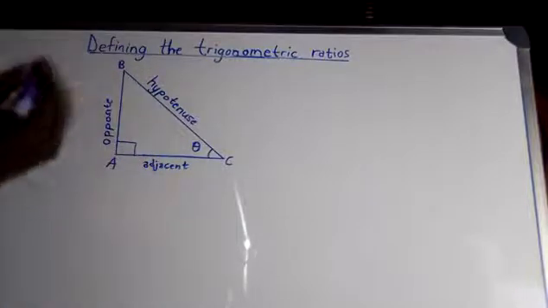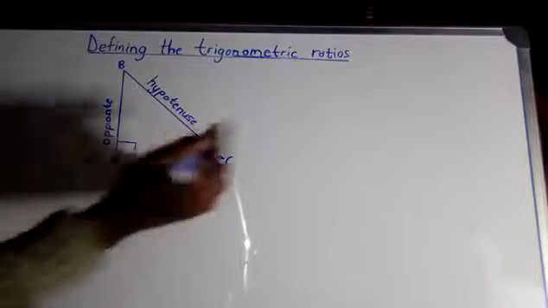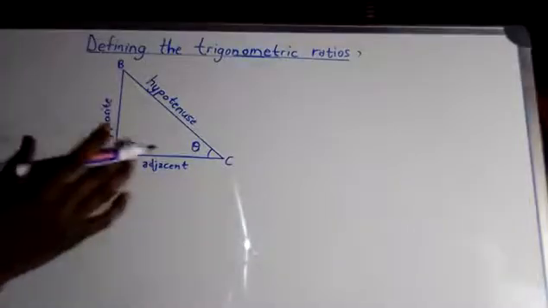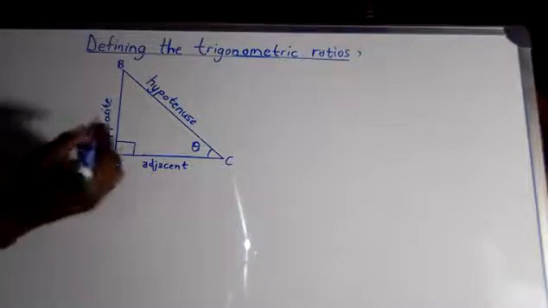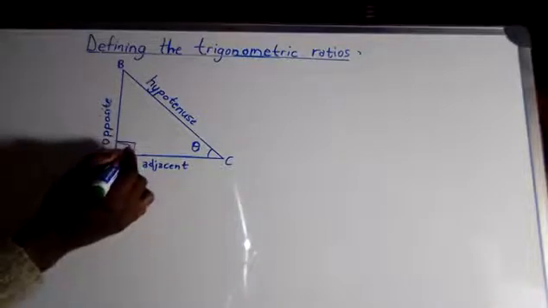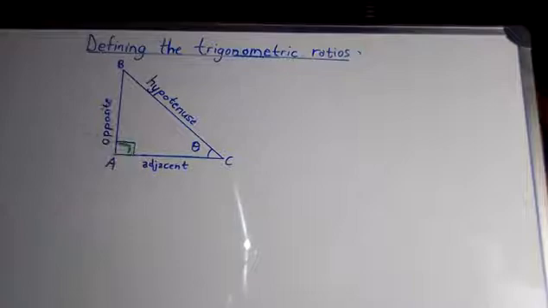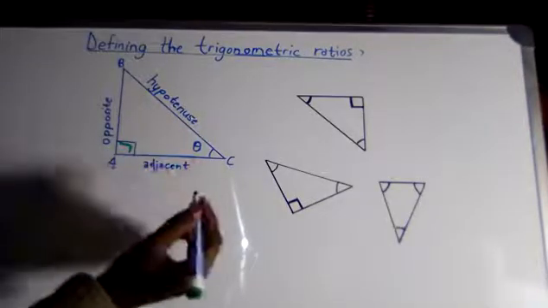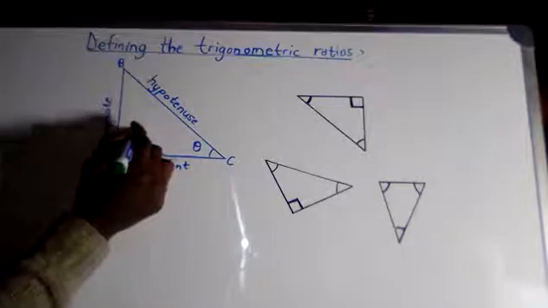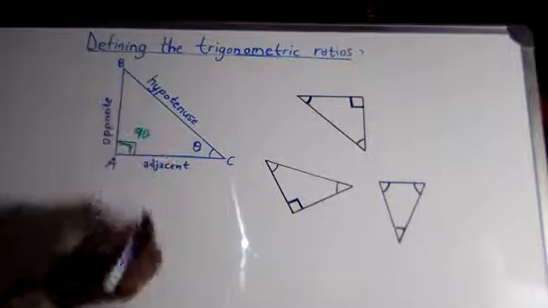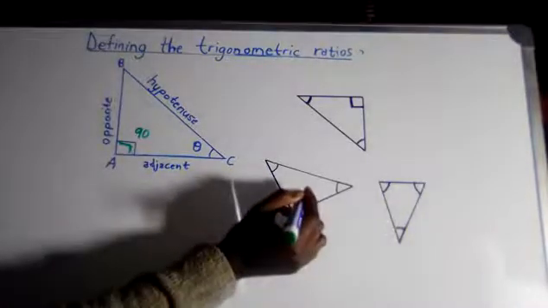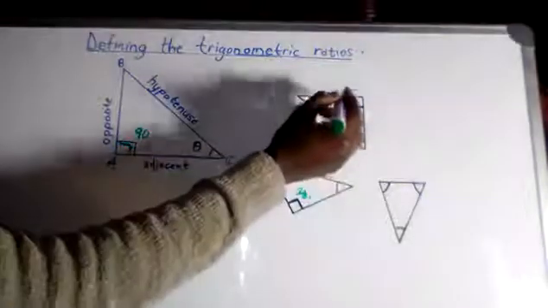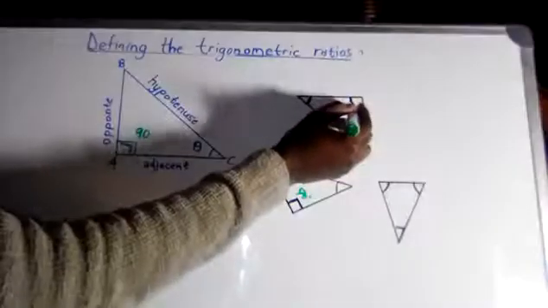First, we're going to start with defining the trigonometric ratios. To define a trigonometric ratio, you need to be working with right-angled triangles. All right-angled triangles have a 90-degree angle.